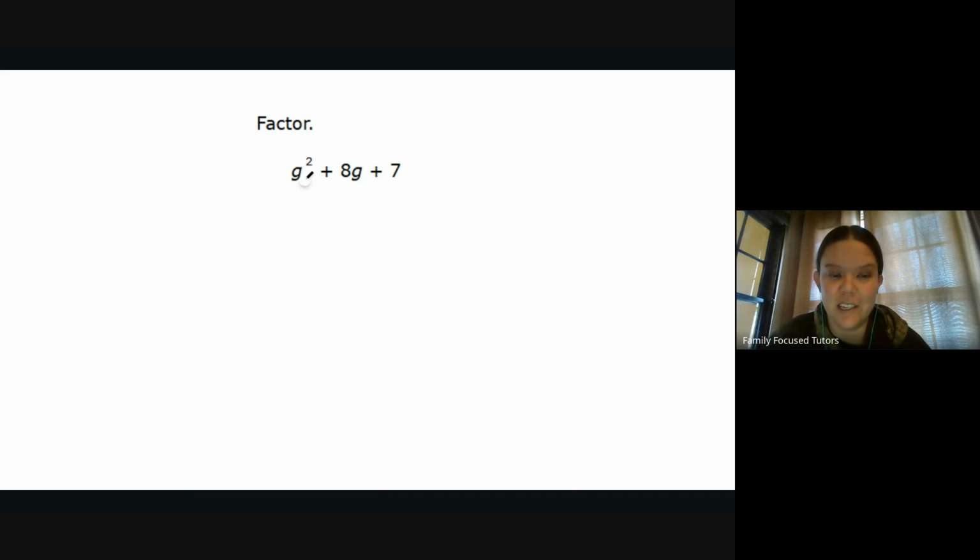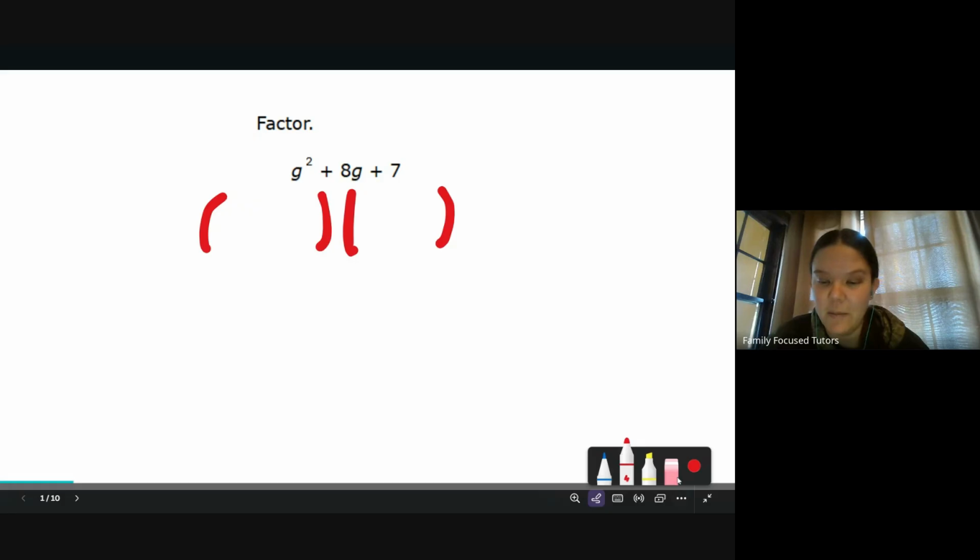So what we want is we want our factors to look like this in the parentheses, remember? So I'm just going to erase that.